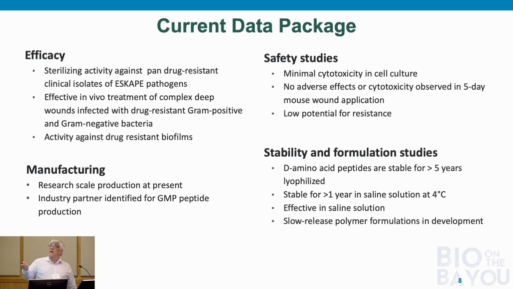Okay, so current data package, we have a lot of preclinical data. We have a continuing evolution going on. The latest generation of peptides are quite good, the ones I just described. So we have a lot of in vitro efficacy data against a lot of microbes. We have a lot of data against clinical isolates of some of these worst pathogens, such as Klebsiella pneumoniae and Pseudomonas aeruginosa and MRSA.